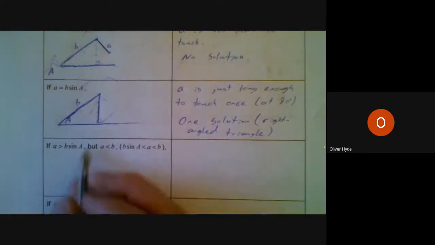Okay, let's make A a little bit longer. Let's make A longer than the shortest possible distance, but keep it shorter than this side. Keep the length of your fishing line shorter than your fishing rod. That would look a little something like this. There's B, there's A, fixed. There's your shortest possible distance.